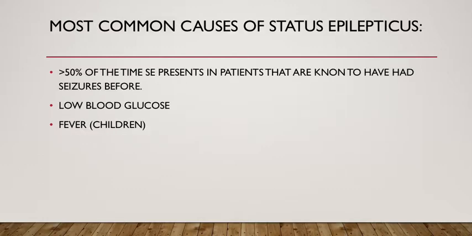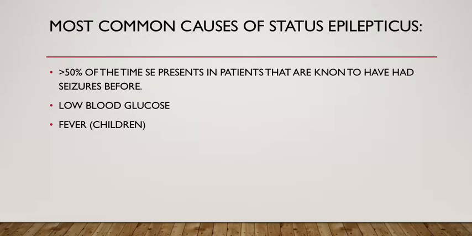The most common causes of status epilepticus: it most often presents in patients that have had previous episodes of seizures. And the most common cause is that they skip their medication, or they have some infection or something that triggers these seizure episodes. And in some patients, the episode is going to remain idiopathic.